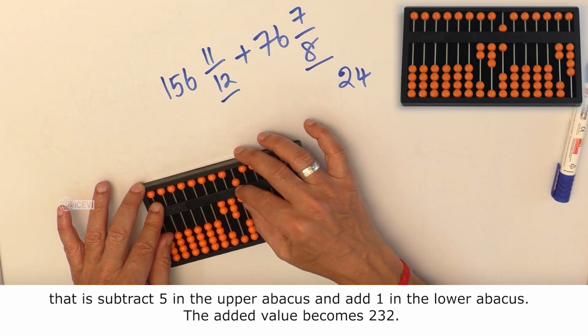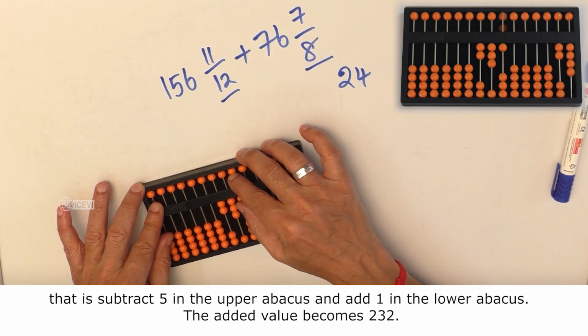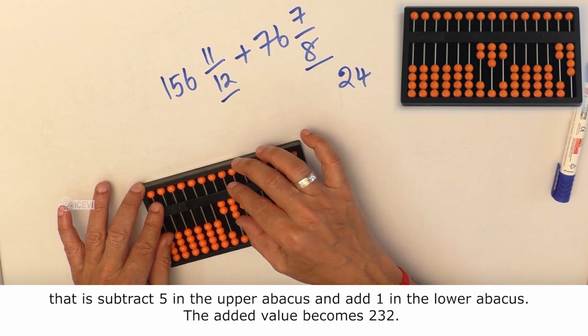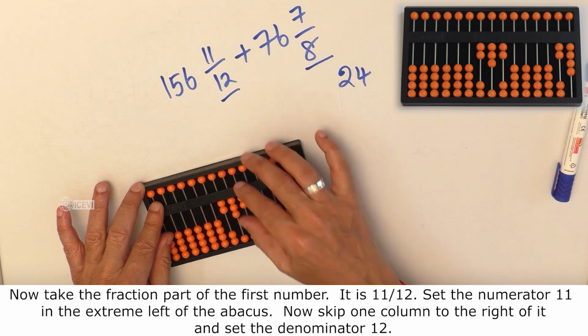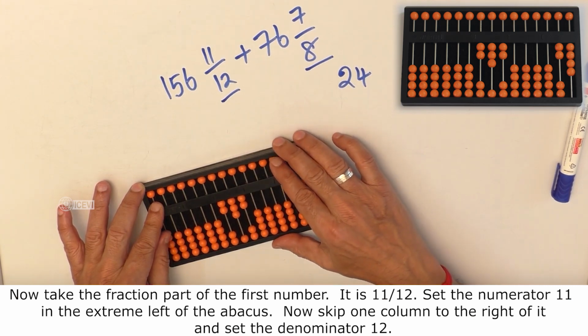That is, subtract 5 in the upper abacus and add 1 in the lower abacus. The added value becomes 232.